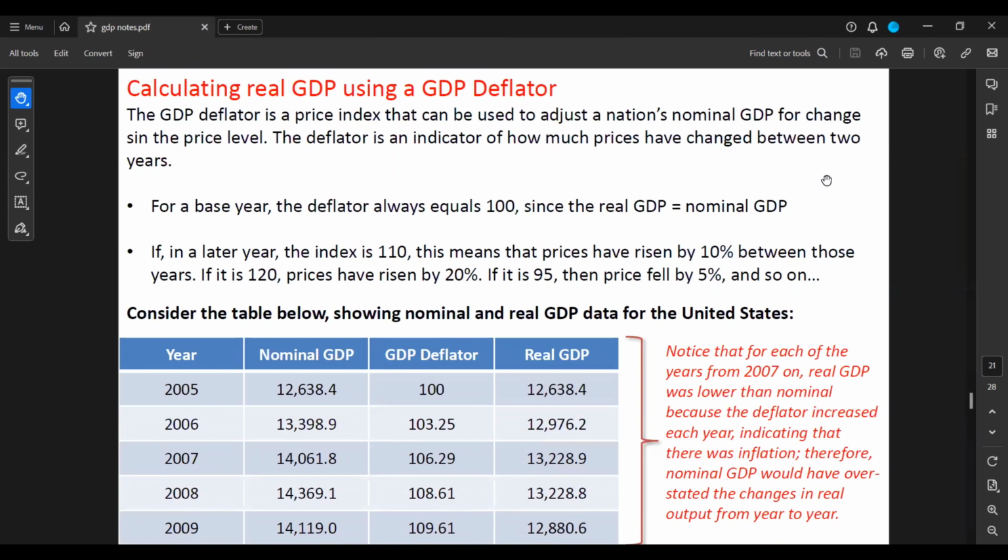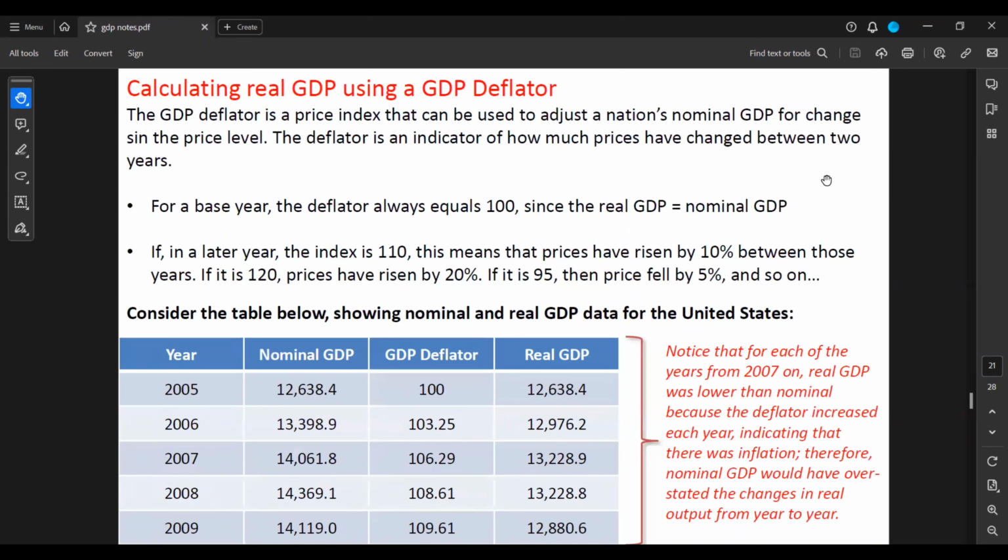For a base year, the deflator always equals 100, since the real GDP will be equal to the nominal GDP. If in a later year the index is 110, this means that prices have risen by 10% between those years. If it is 120, prices have risen by 20%. If it is 95, then prices have fallen by 5%, and so on.